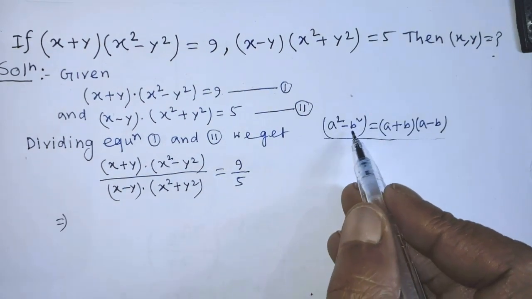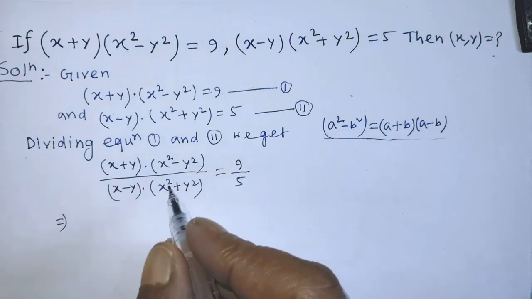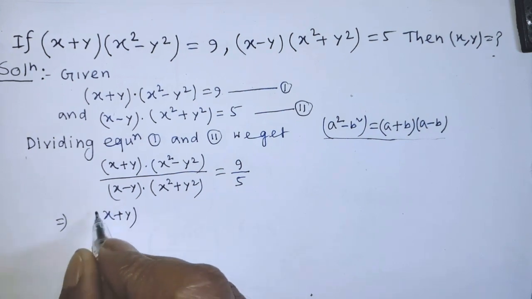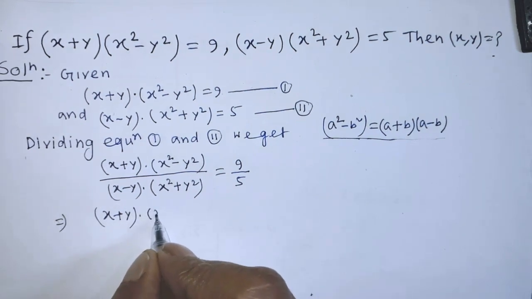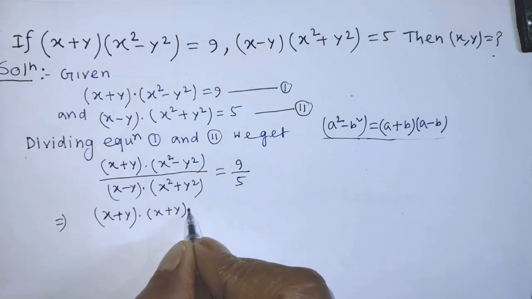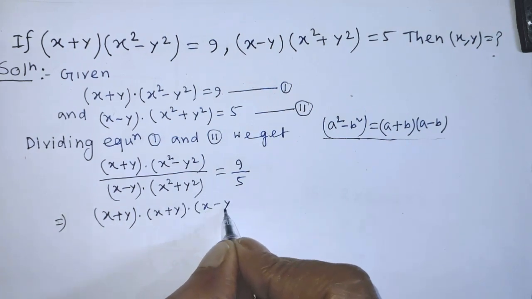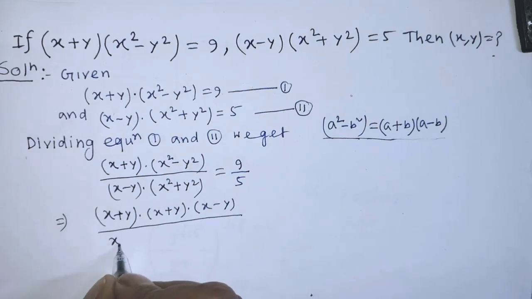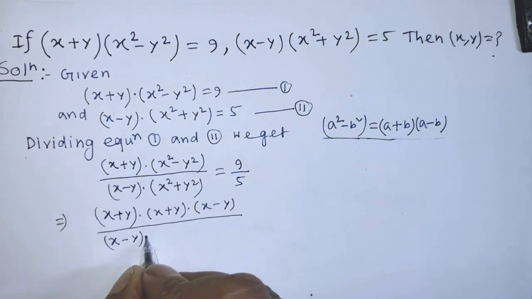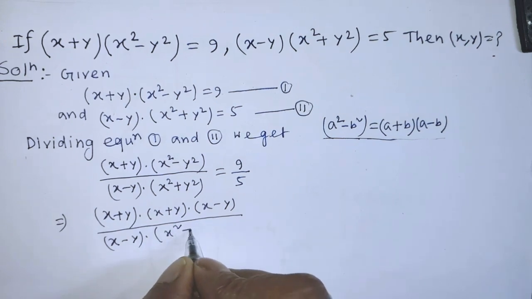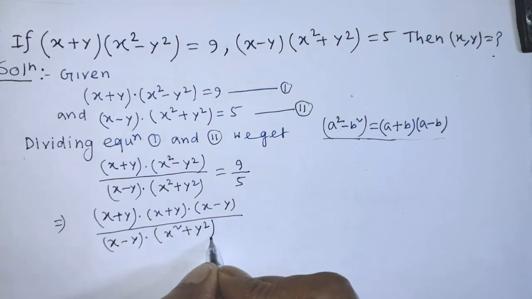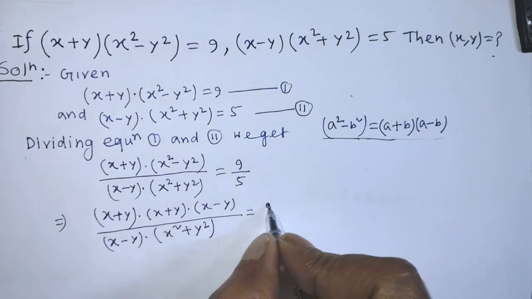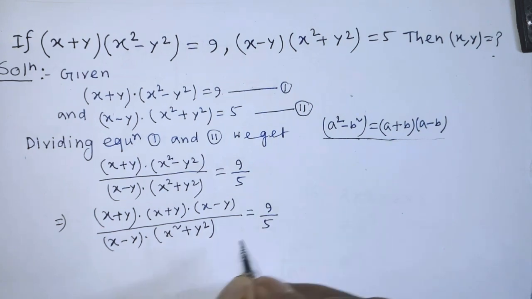Students, according to this formula we can write on the left hand side in the numerator (x + y)(x + y)(x − y) over, again, (x − y) times (x² + y²) is equal to, on the right hand side, again 9 over 5.